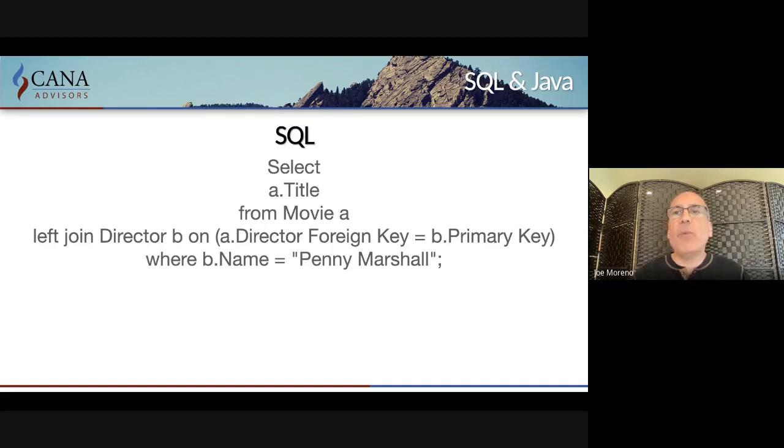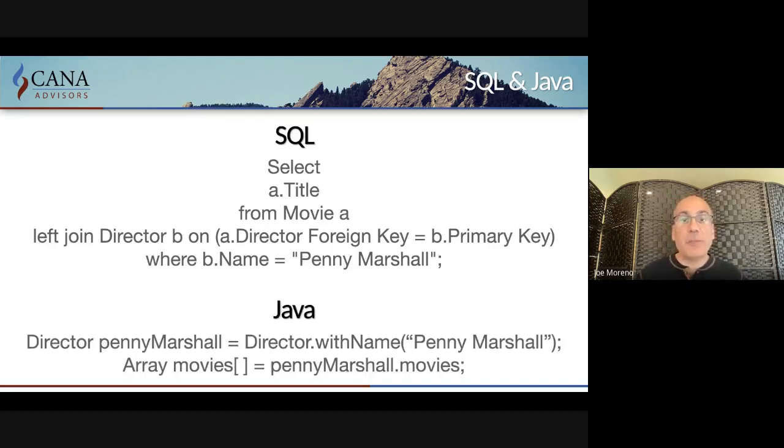Other languages have ways of generating this automatically. I'll just give one example here of Java. Here's 2 lines of code that do the same thing. The first line in this Java code creates an object called Penny Marshall. It's basically going to the director database table and returning the row where the name is Penny Marshall.